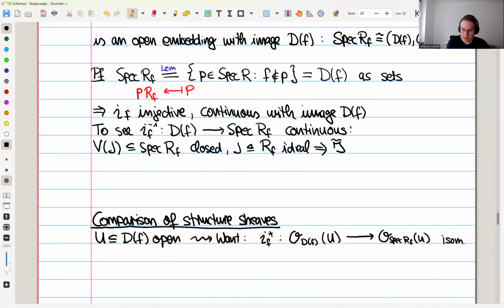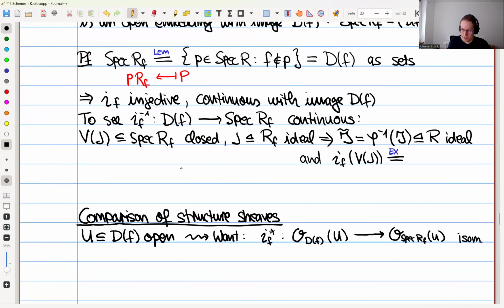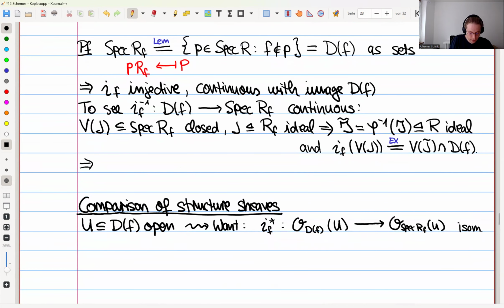Well, we can take J tilde to be phi inverse of J. Phi is this map from R to its localization. This gives us an ideal in R. And what you can check, and this is kind of the same stuff that we always do, so let's leave this as an exercise, is that if you apply this, then you exactly get the vanishing of this J tilde intersected with D(F). And so this also works in this direction. So i_F is closed.